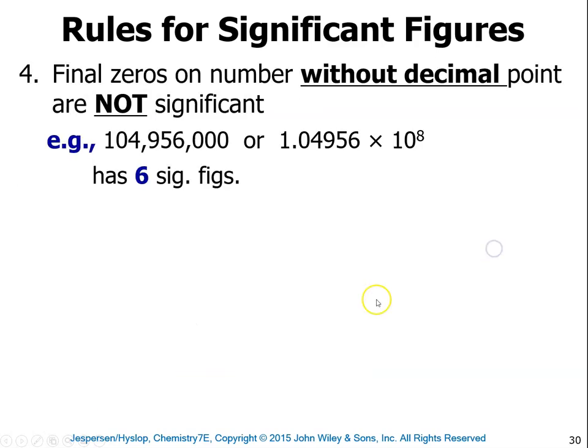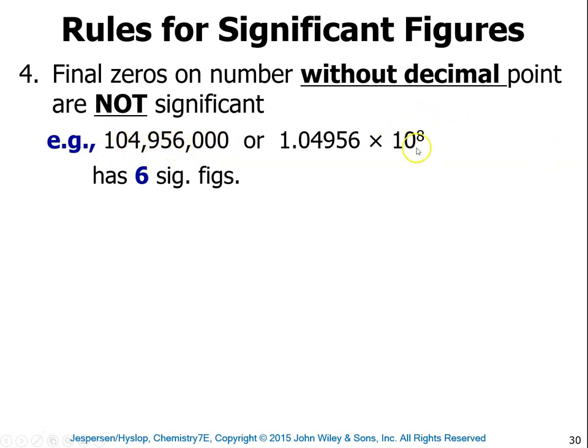So let's go on to some of these other rules. This is where I just mentioned final zeros on a number without a decimal point are not significant. So here's 104,956,000. Or I can write this in scientific notation, right? I can move the decimal place up to here so that there's only 1 digit in front of the decimal place. 1, 2, 3, 4, 5, 6, 7, 8.